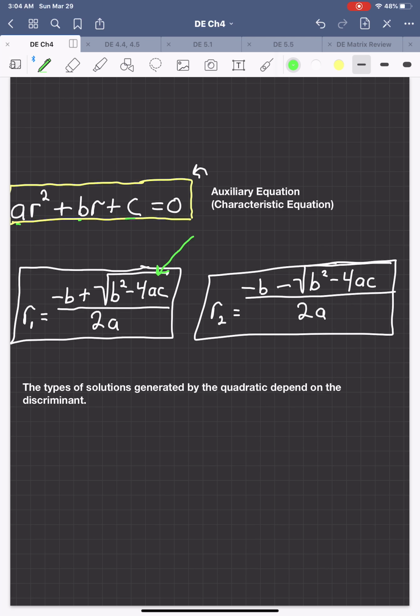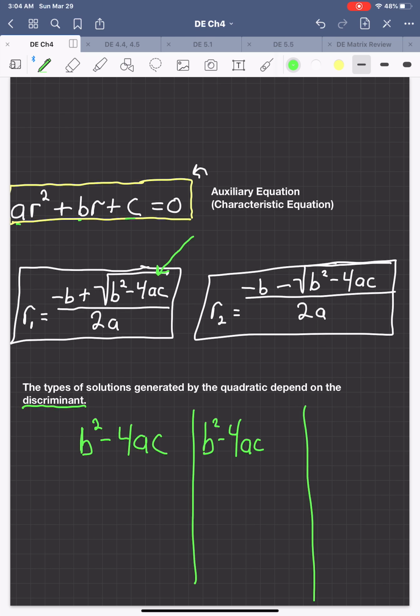Notice that inside the square root, b squared minus 4ac, we refer to that as the discriminant, right? Here are three different scenarios for b squared minus 4 times a times c.